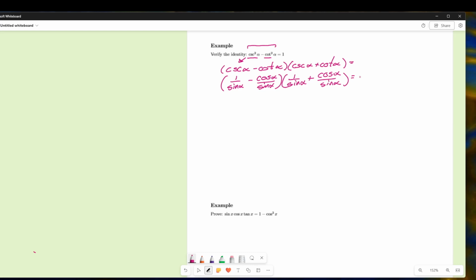Well, that does give us common denominators in both of those, so it's not the end of the world. 1 minus cosine alpha over sine alpha times 1 plus cosine alpha over sine alpha.